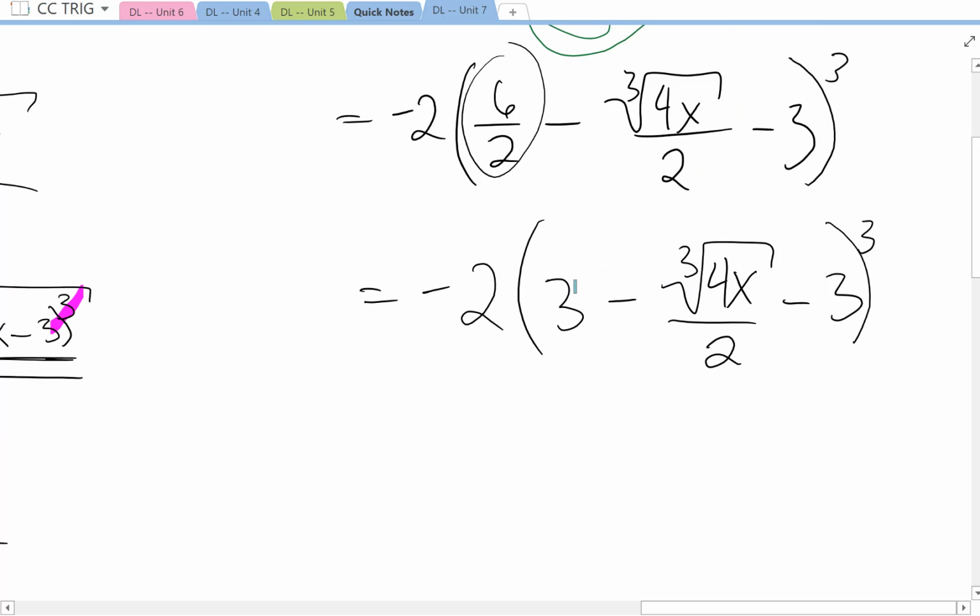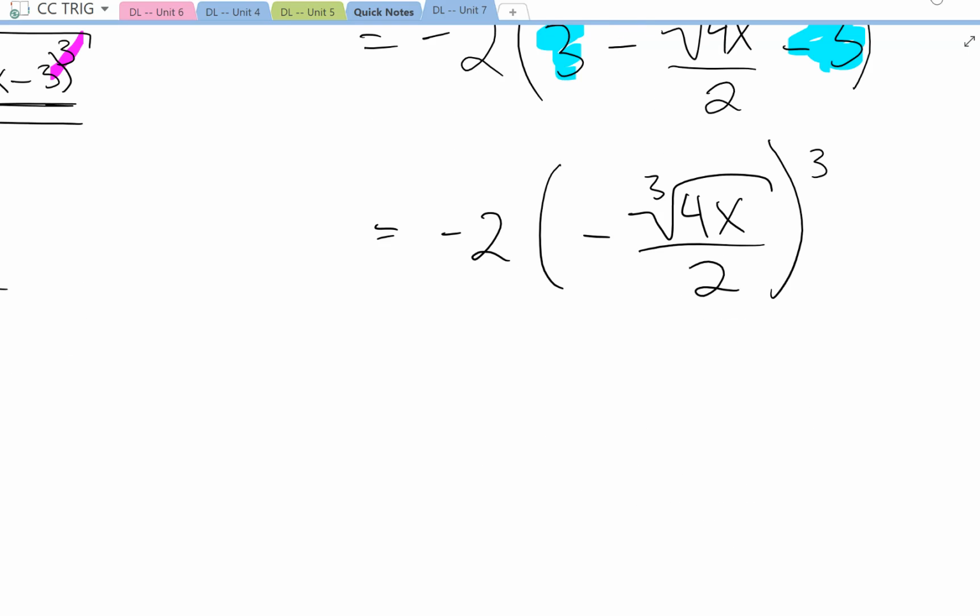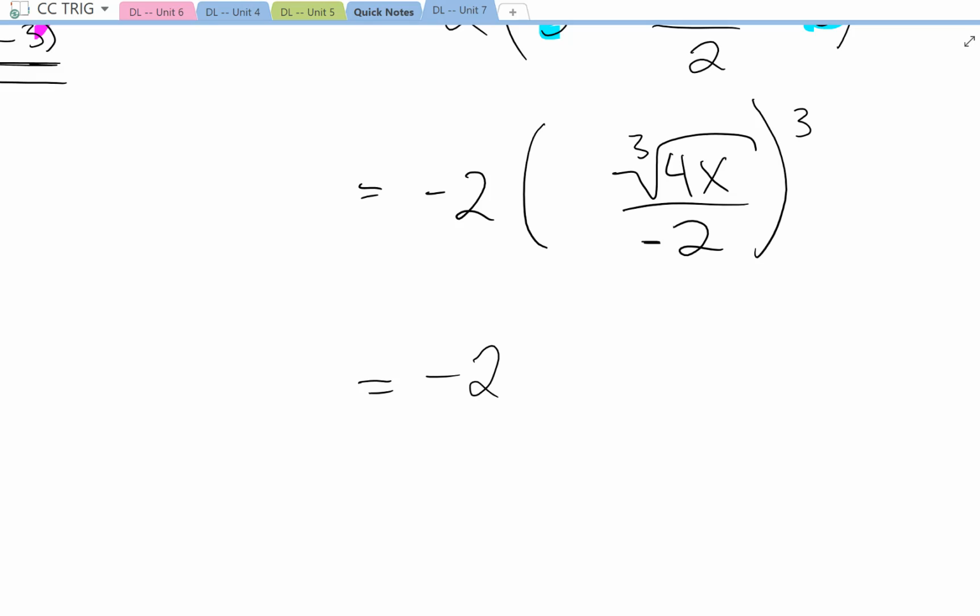3 minus 3 is 0. Negative cube root 4x over 2, cubed. And just so I don't forget about this negative in front, I'm going to attach it to the 2. Not everything inside of the parentheses is under the cube root, so you still can't cross off the little 3's.